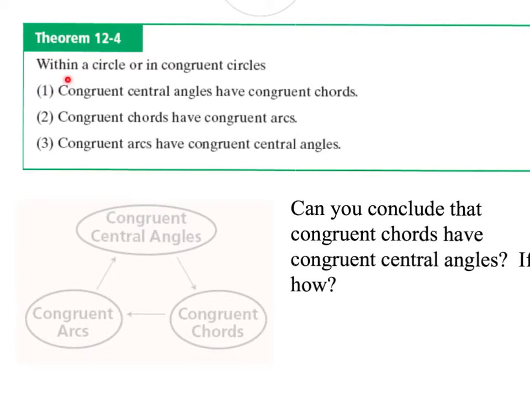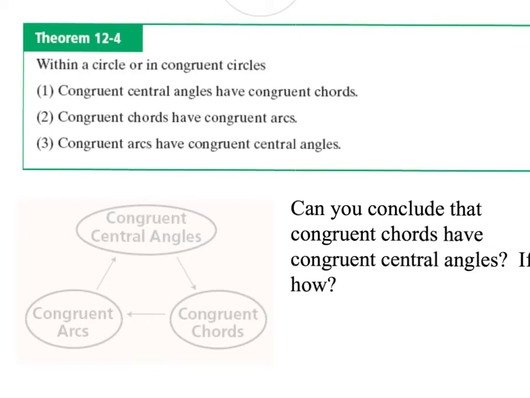That's what this first one says. Then the second one says, if you happen to have congruent chords in your pictures, then the arcs that are formed by those congruent chords are also congruent arcs. And then following that, if you have congruent arcs in your picture, then you will also have congruent central angles.